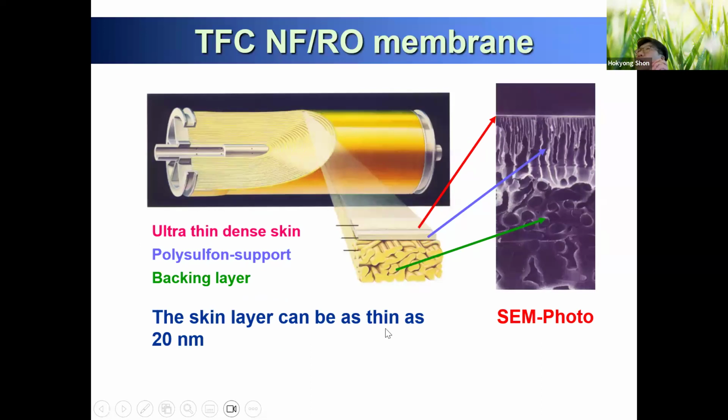You need to design this one. How many elements do we have? This is your membrane element. You can see the membrane is of the spiral wound type here. This is the membrane, a thin layer of around 20 nanometers, and this 20 nanometer layer will separate water molecules and salt.